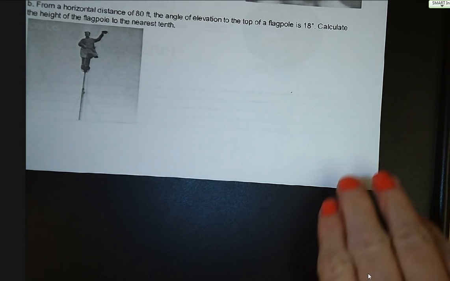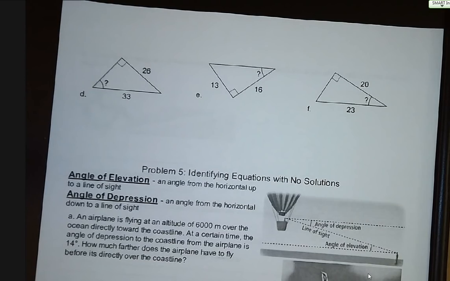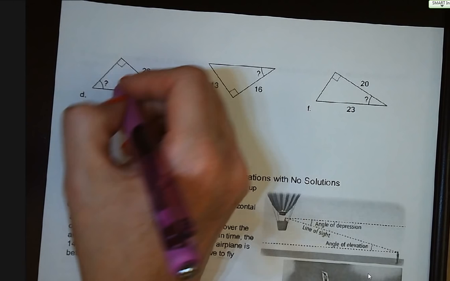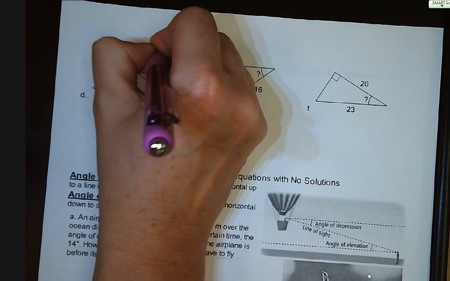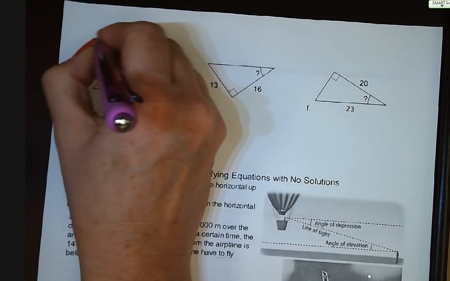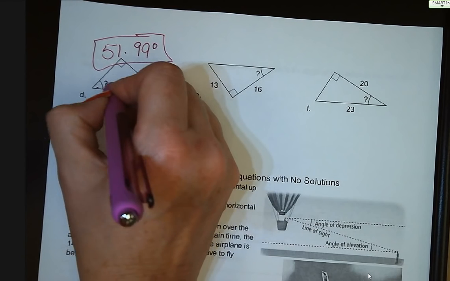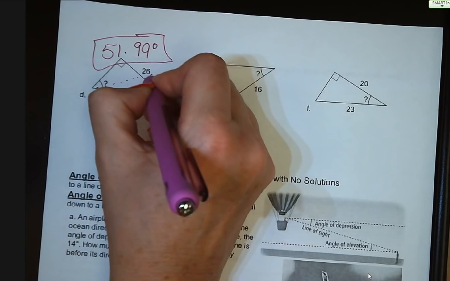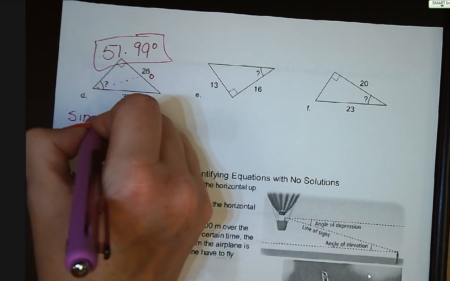Okay? I want you guys to try letters D, E, and F on your own, and then we will go over them. So letter D, 51.99 degrees, is sine of x is equal to the opposite 26 over 33, the hypotenuse.